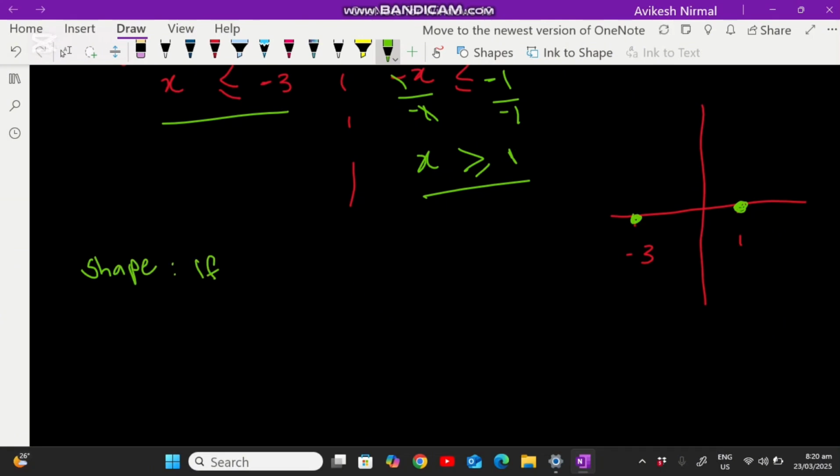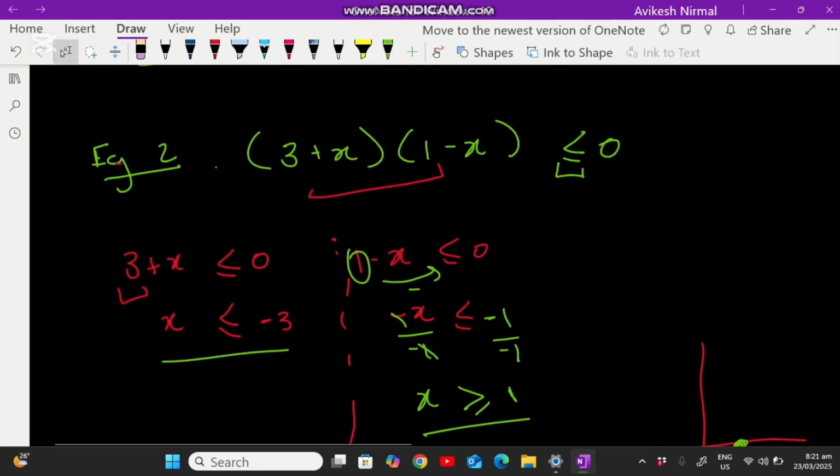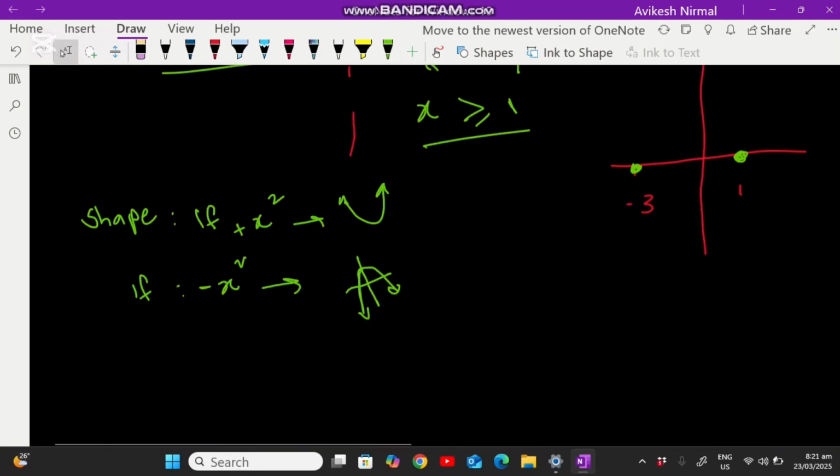If there's a positive in front of x squared, the shape will be like this. And if there's a negative in front of x squared, then the shape will be like this. So how do I know if this inequation has a negative or a positive in front of x squared? Well, we simply expand the brackets. So let's go ahead and do that.